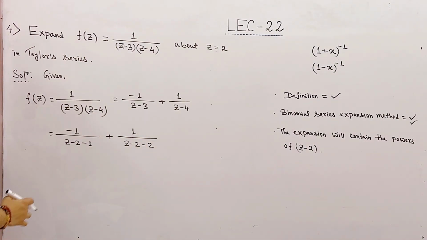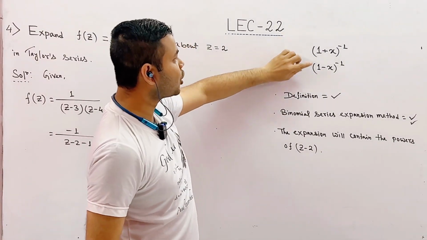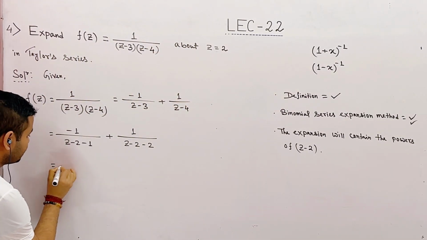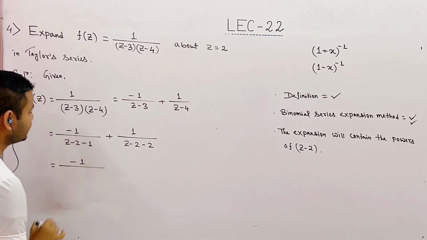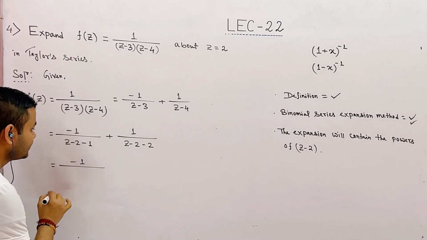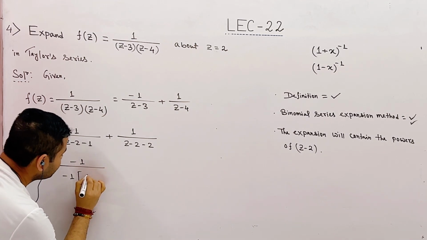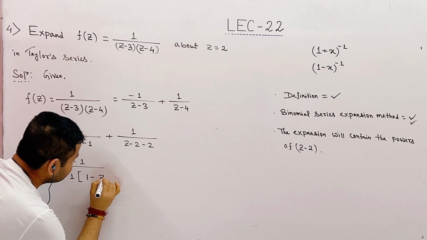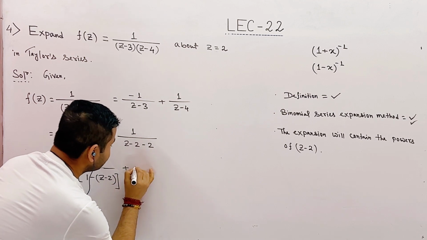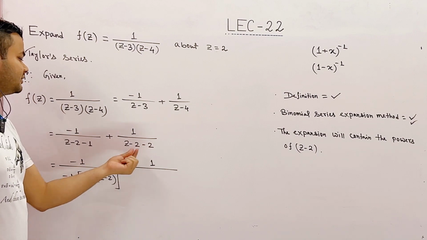Next, our target is to convert this term and this term to the binomial form. So, let us do. Minus 1 divided by, let us take minus 1 common from the denominator, then we will get minus 1 into (1 minus (z minus 2)), plus 1 by, again let us take minus 2 common from this denominator.